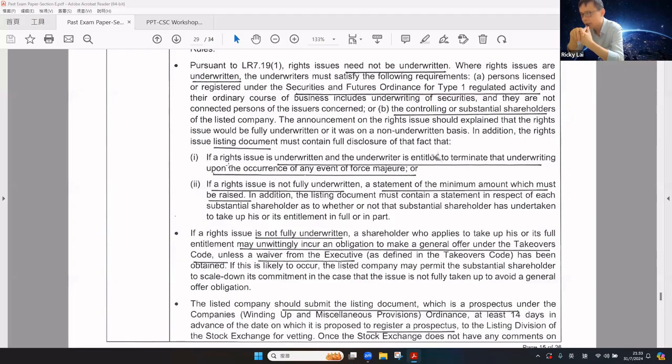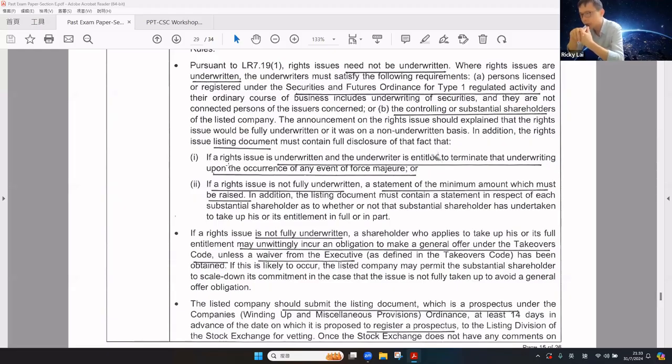The listing document must contain a statement in respect of each substantial shareholder as to whether or not that substantial shareholder has undertaken to take up his or her entitlement in full or in part.